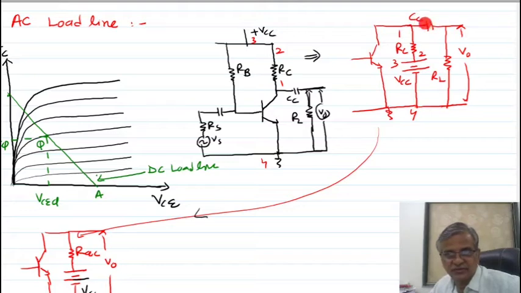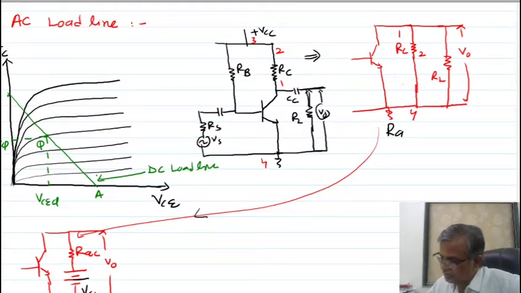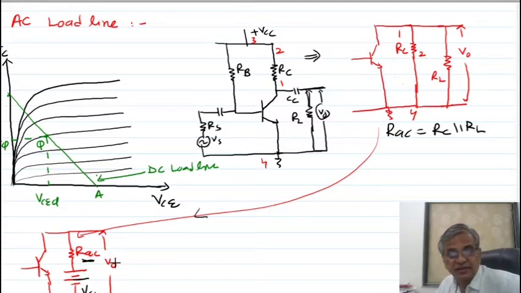The impedance offered by the coupling capacitor is very, very small, because its value is selected in such a way that it offers very low resistance to the AC signal. It blocks only DC and I only allow AC at the output. So I am neglecting these two components. Then my AC load at the output is nothing but RC parallel RL.